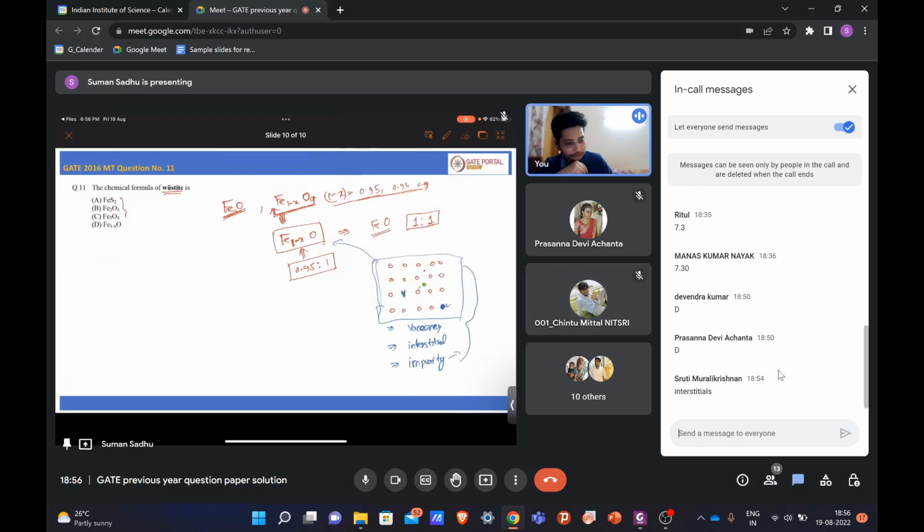I'm not writing in terms of plus iron or something, I'm writing in terms of valency. So this is iron, and this is oxygen, minus 2. So again iron, oxygen, iron, oxygen, iron, oxygen.